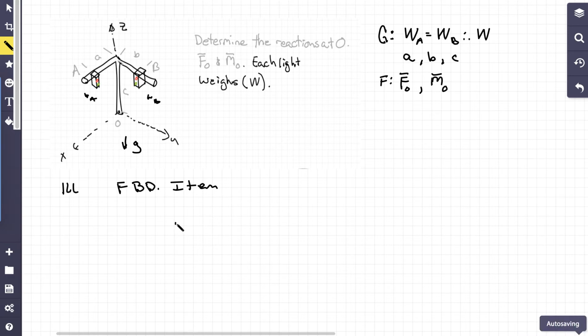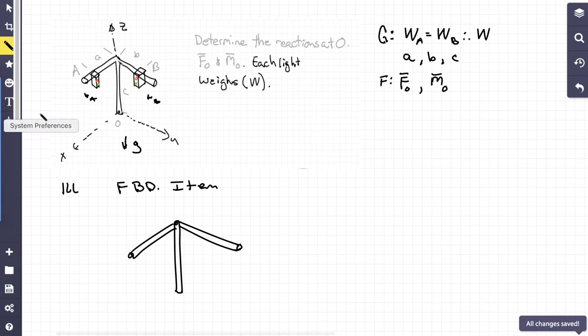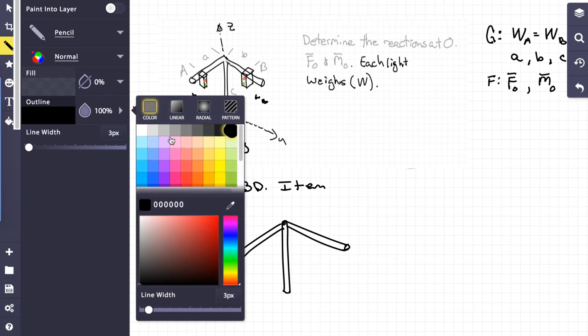So we can put a little rod here, a little rod going this way, and another rod perpendicular. It looks like this. Now that's not it, that's the start of it. Then I'm going to start to make these all colorful.